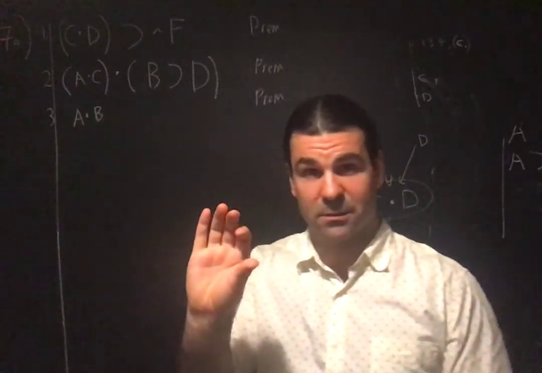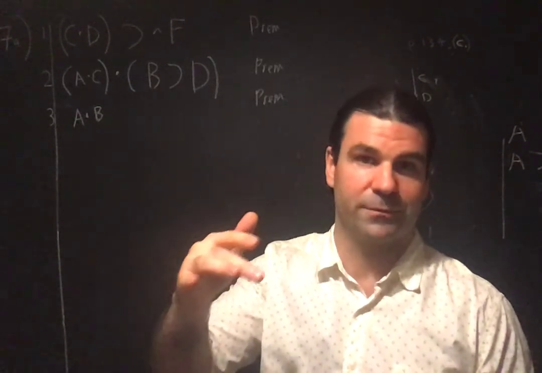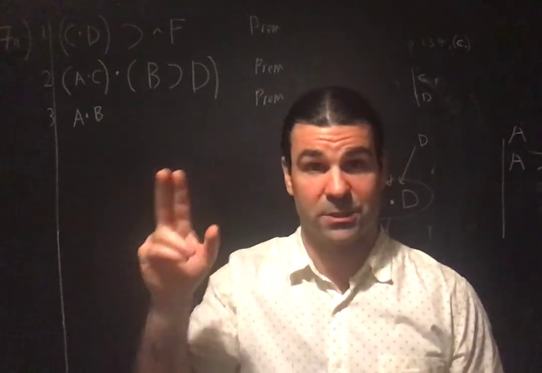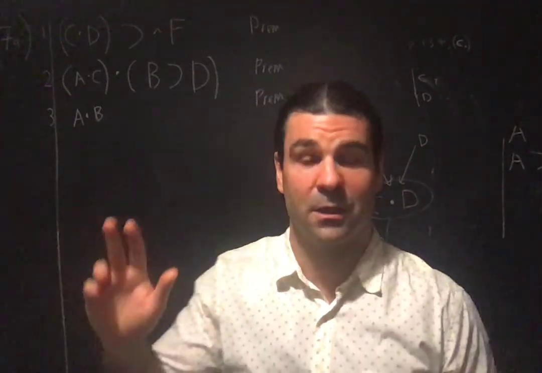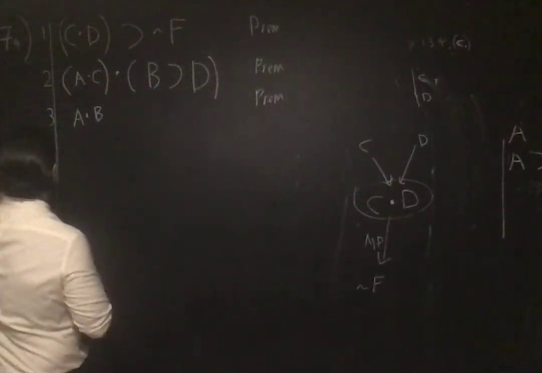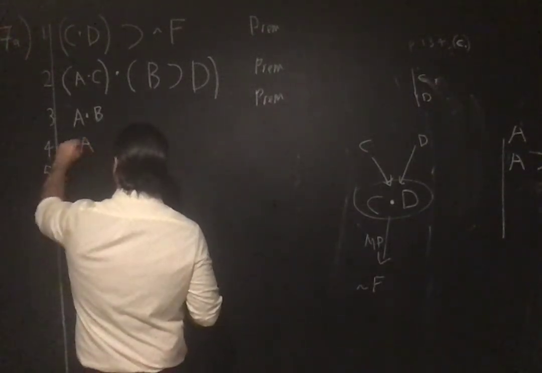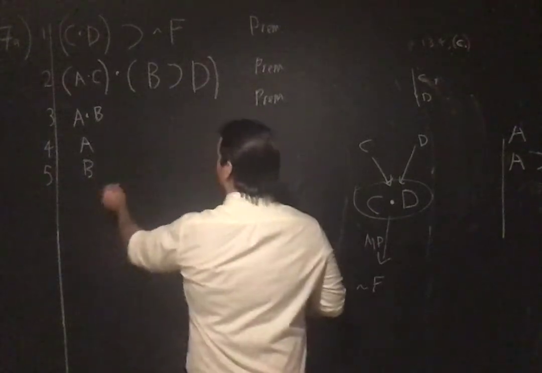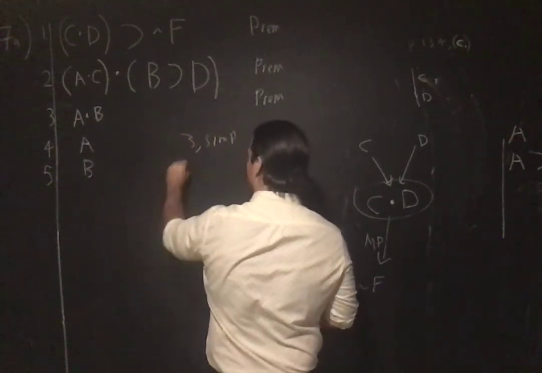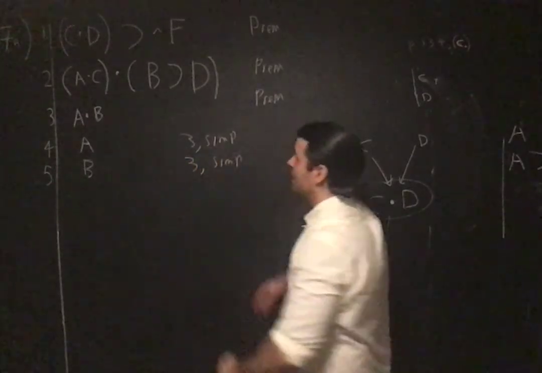The premise is a conjunction, P and Q, therefore you're entitled to infer P, and also you're entitled to infer Q. Notice on the inside cover there are two forms of simplification. So from 3, that premise, A and B, 3 simp, and the same justification for this, 3 simp. I've got A and B by themselves.